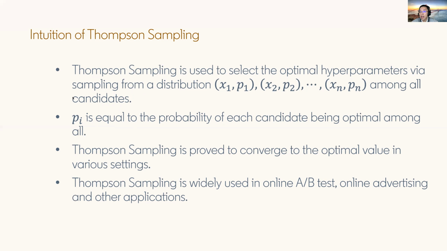This probability may not have an analytic solution, but that's fine. We can use Monte Carlo sampling to approximate it. For Thompson sampling, we also have some theoretical analysis. It is proved to converge to the optimum value in various settings. And in a lot of real applications, for example, online A/B test and online advertising, Thompson sampling is widely used.